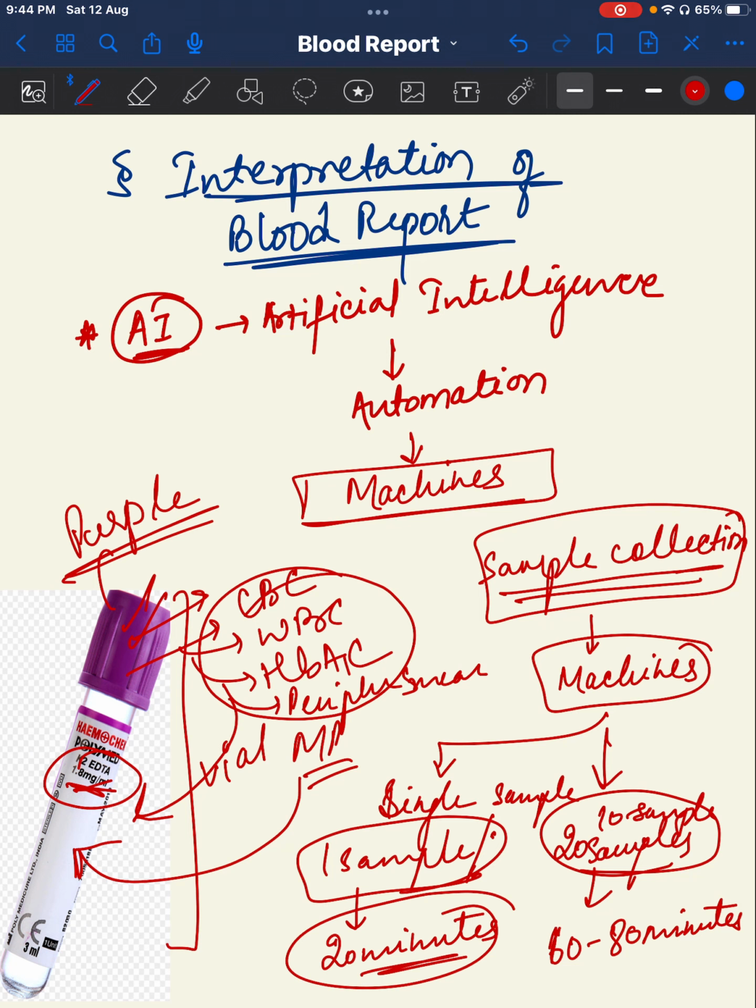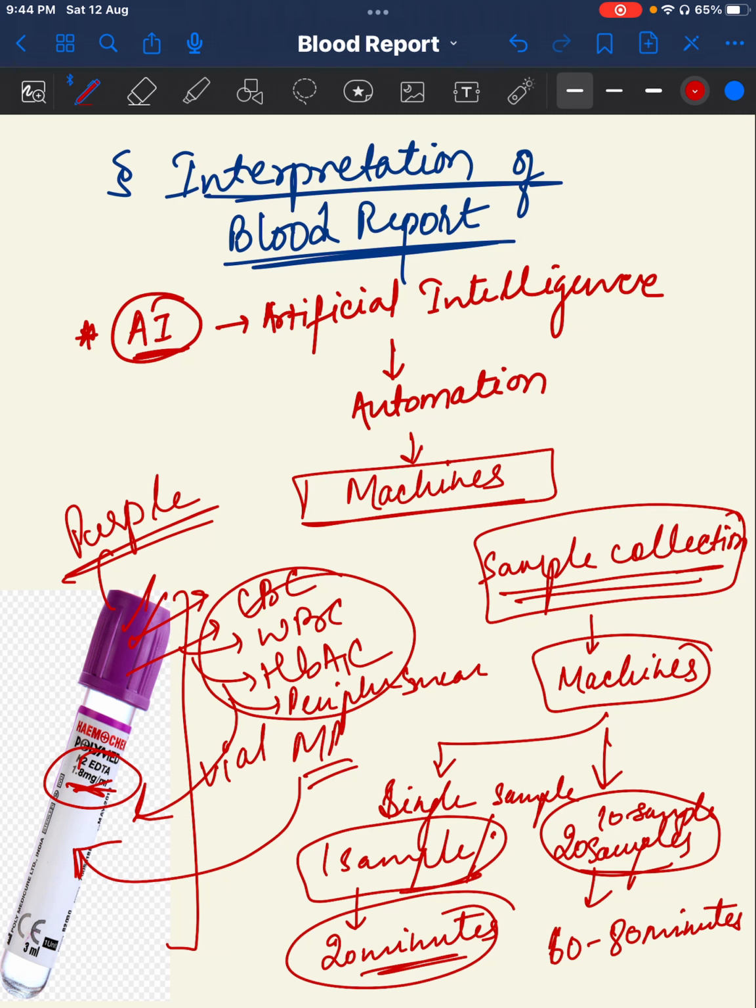Then obviously you have to check that all the findings are within the normal range and there's no concern, so that you don't have to go for the peripheral smear. If you are going for the peripheral smear for some findings, then it will take another 1 hour. That becomes a more tedious task, because then you have to make the slide, stain the slide, and then examine. So that will take time.